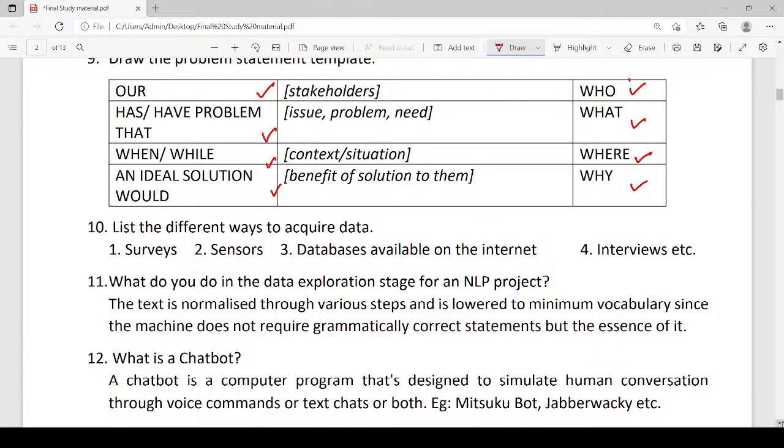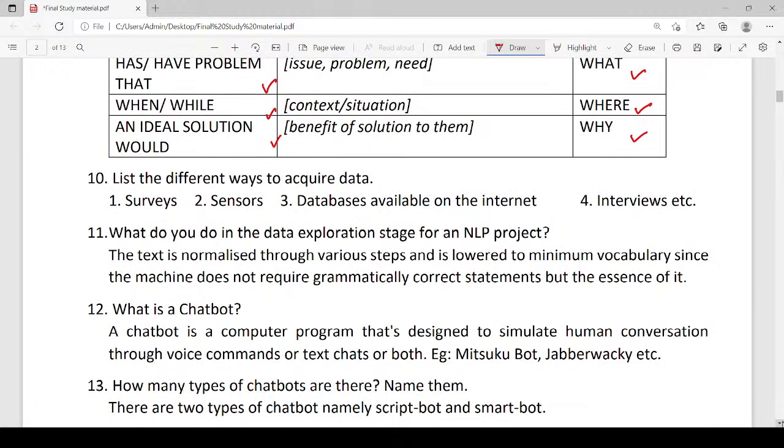Can someone tell me the names of a few more chatbots which are given in the class 10 facilitator handbook? Some more chatbots that we have come across. Cleverbot, Rose, O chatbot, exactly. You got it right. So these are the various chatbots that are there.